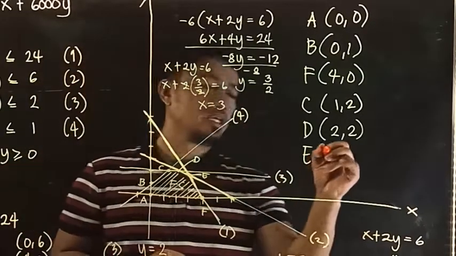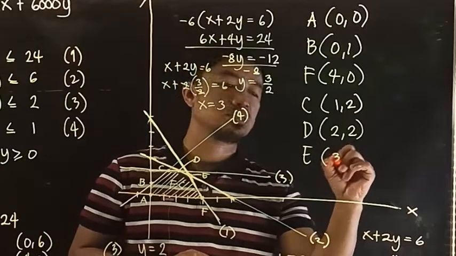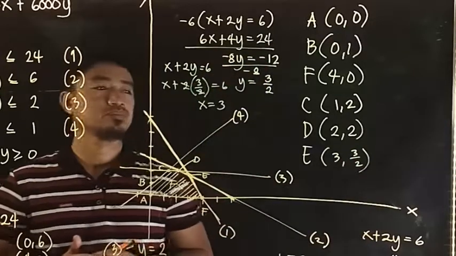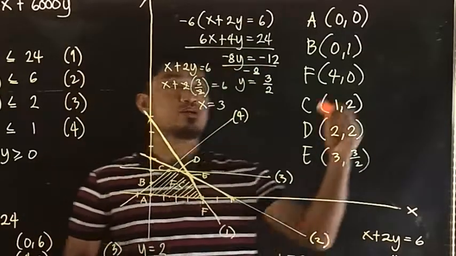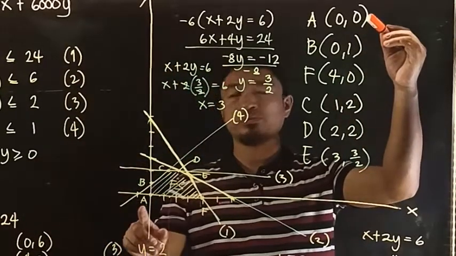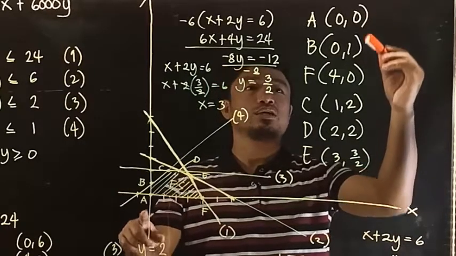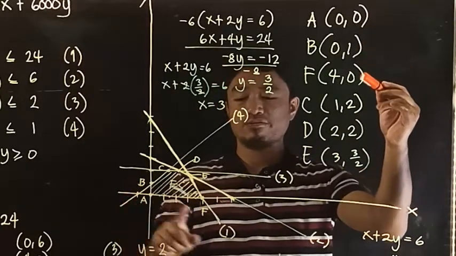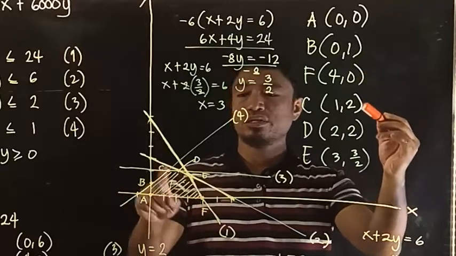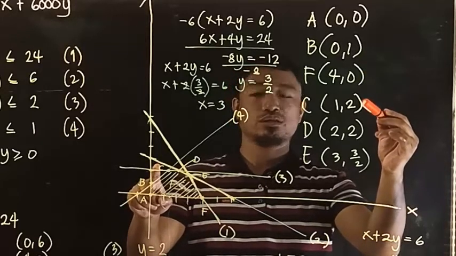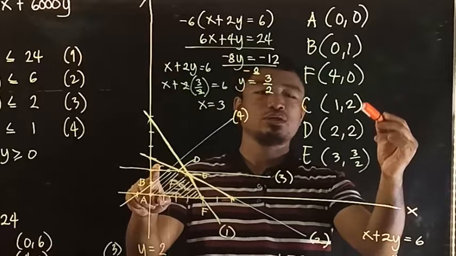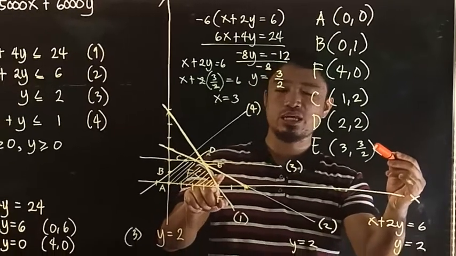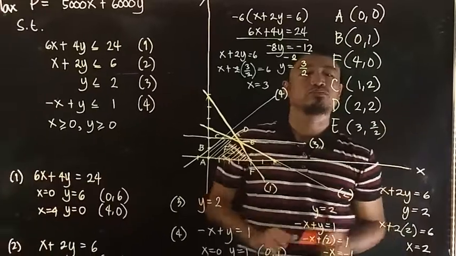Therefore, point E has coordinates (3, 3 over 2). So again, our corner points are A, the origin (0, 0), B is (0, 1), F is (4, 0), C is (1, 2), D is (2, 2), and E is (3, 3 over 2).